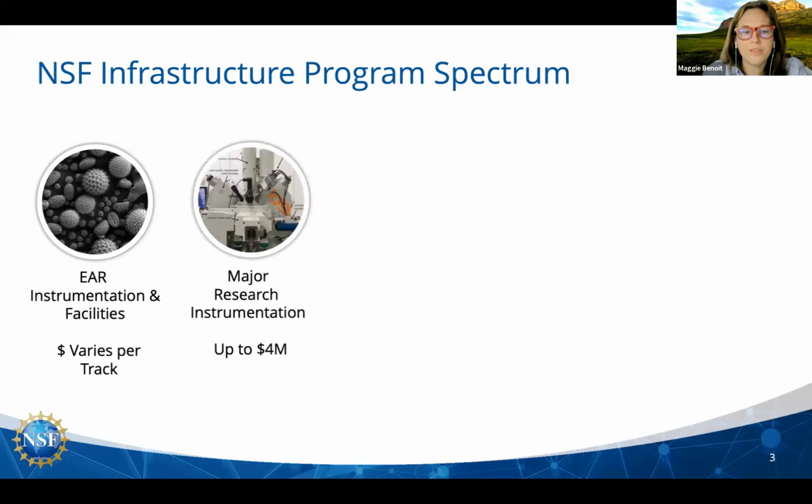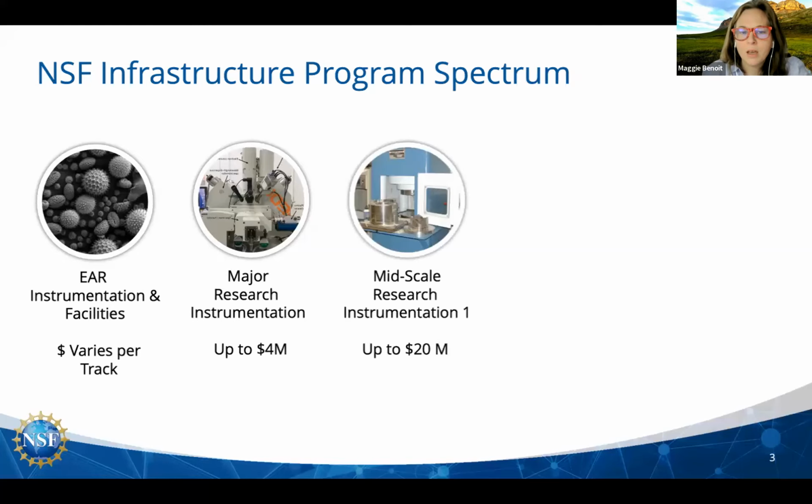Going upwards, we have the Major Research Instrumentation Program, or MRI program. So this program supports 2 tracks, but the program goals are to broaden access to multi-user instrumentation and for projects up to $4 million. So slightly larger projects can be supported by this program. Increasing in scale, we have the Mid-Scale Research Instrumentation 1 program, or MSRI program. And this supports both the design and construction or implementation of projects up to $20 million.